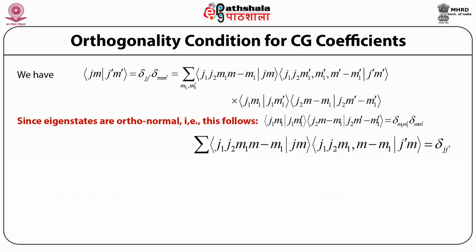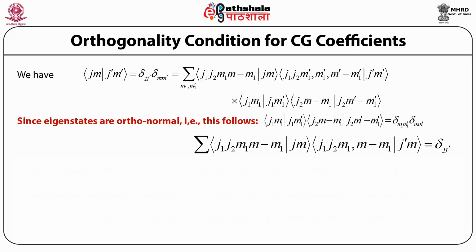we get the relation summation over M1 of <j1 j2 M1, M minus M1|J M> <j1 j2 M1, M minus M1|J' M> is equal to delta J J'.